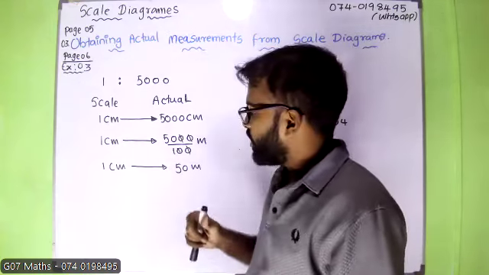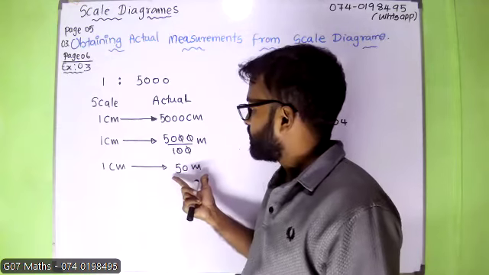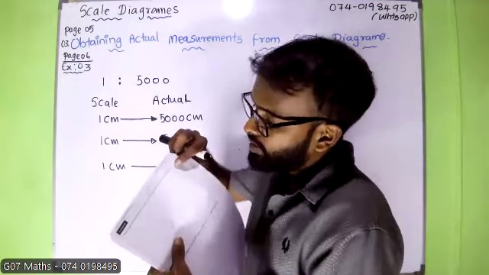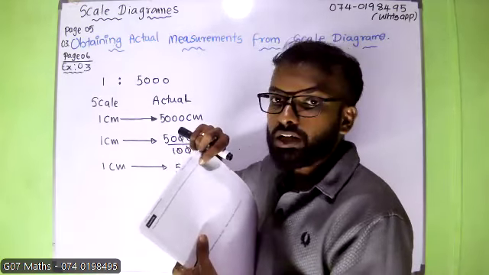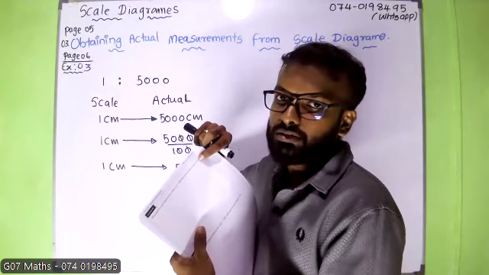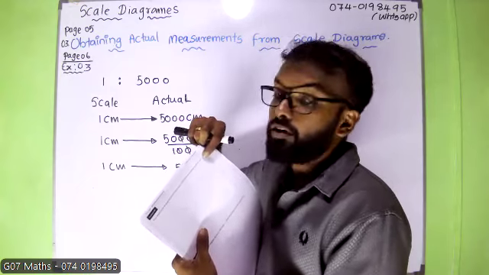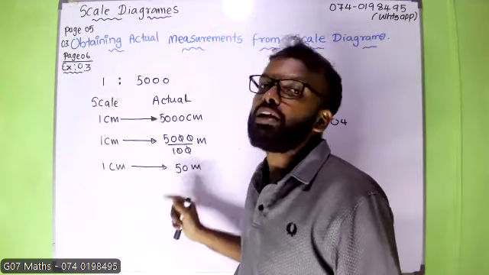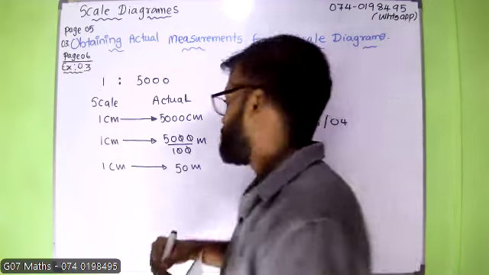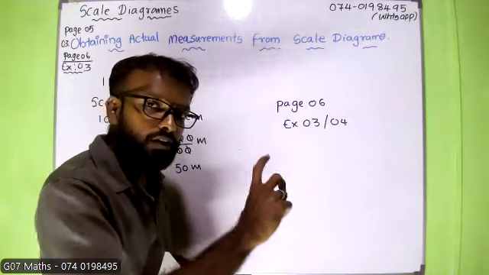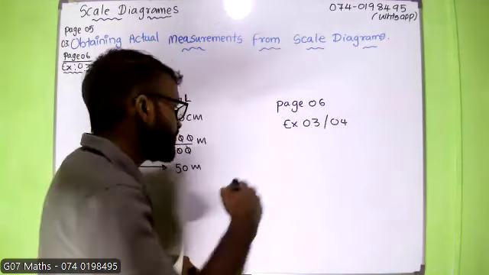So how do we convert this into kilometers now? Because in example number 3 they have given us kilometers, and here we have meters. How do we convert meters into kilometers?